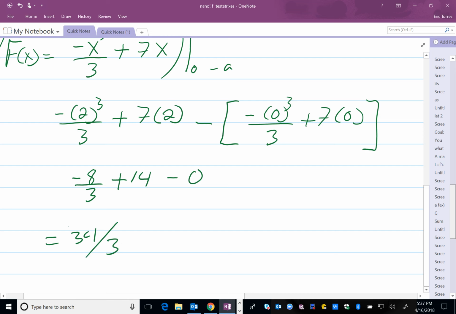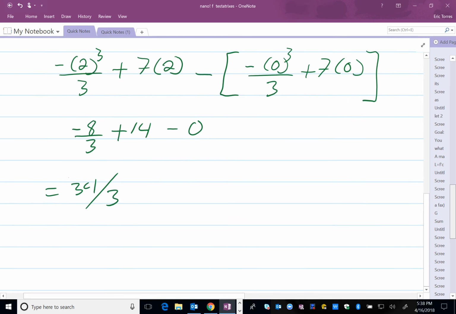So in short, all we're doing is taking the antiderivative, plugging in the second value, and then subtracting, plugging in the first value: F of b minus F of a of the antiderivative.